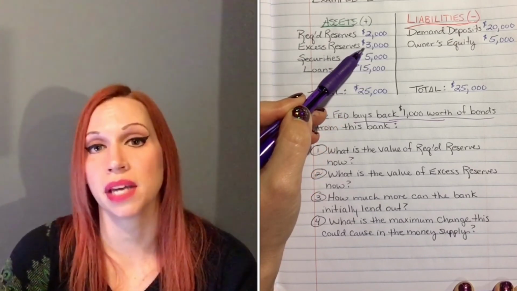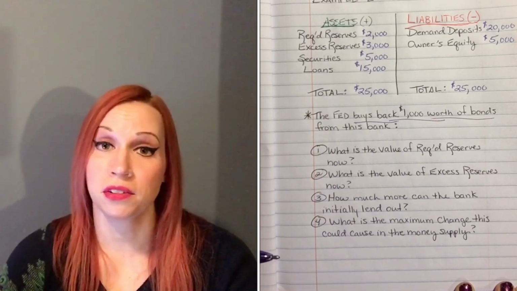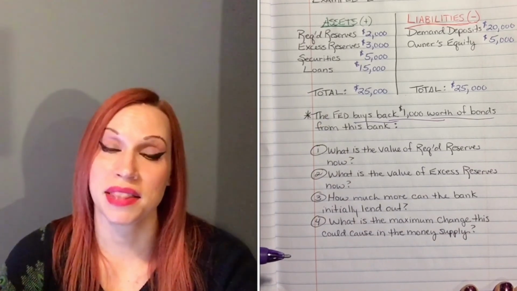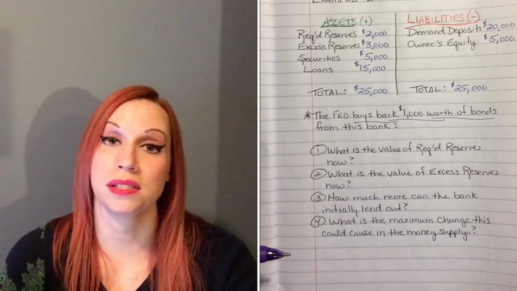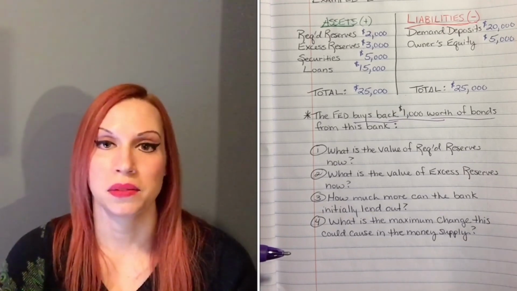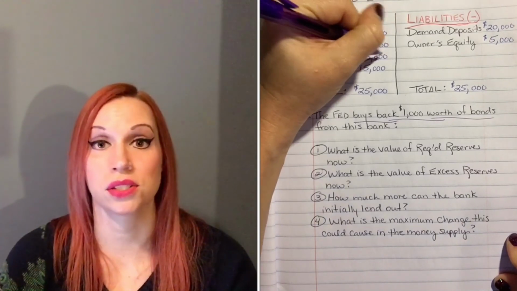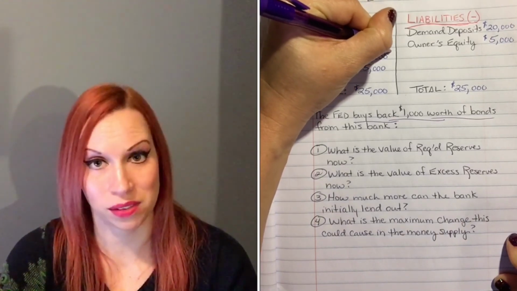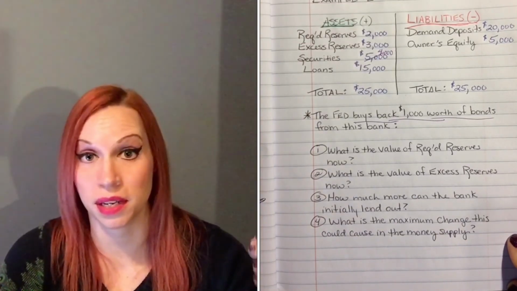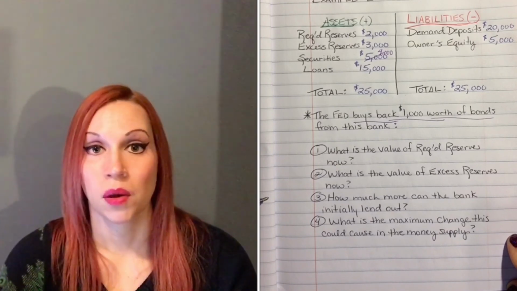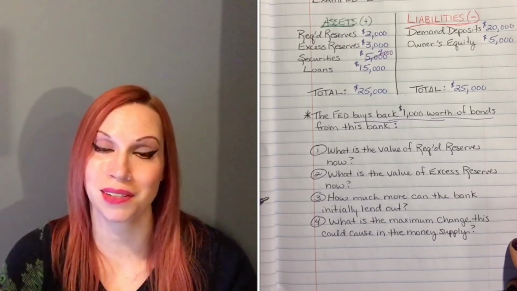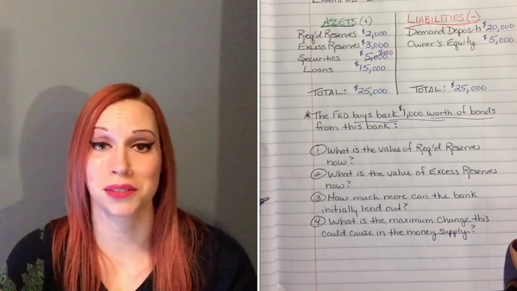Securities is at $5,000. Now the Federal Reserve is going to buy $1,000 of these securities back from the bank. That's going to decrease the amount in securities from $5,000 to now they're only holding $4,000 worth of little index cards that say IOU. When the Federal Reserve took their index cards away, they gave them $1,000 worth of money.